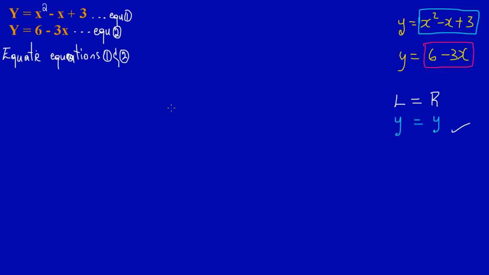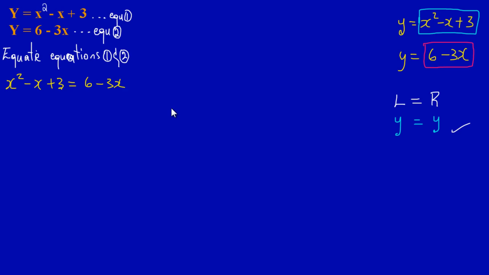In equating equations 1 and 2, we take the expression in x from equation 1, x squared minus x plus 3, and that must be equal to the expression in the second equation, which is 6 minus 3x.